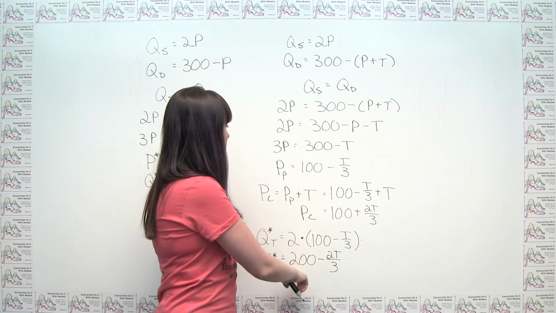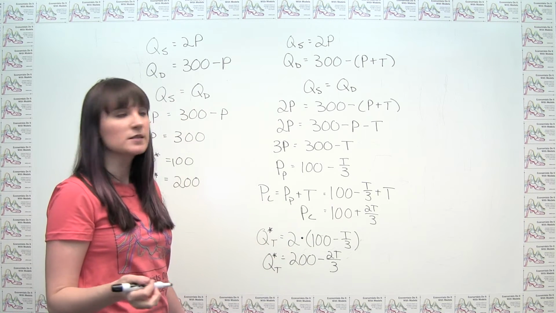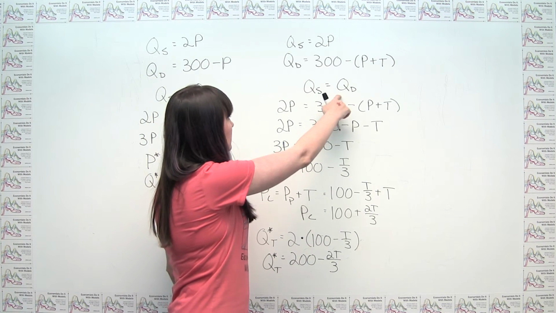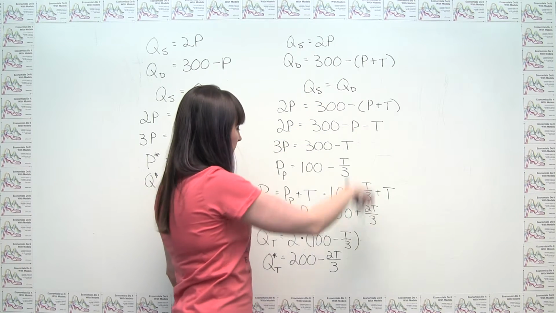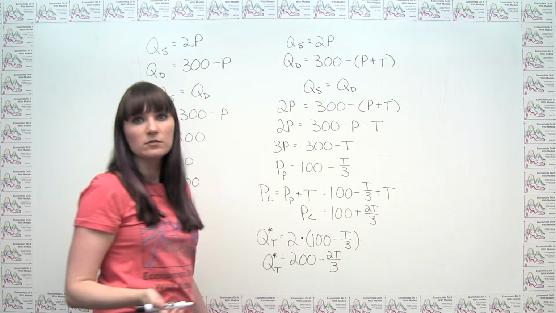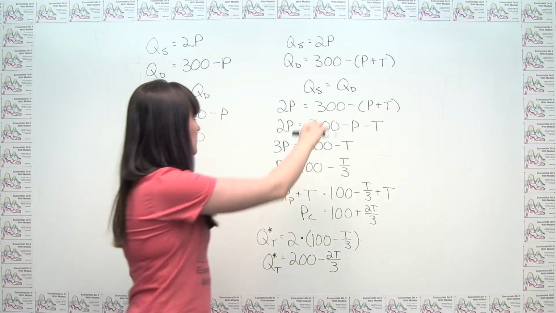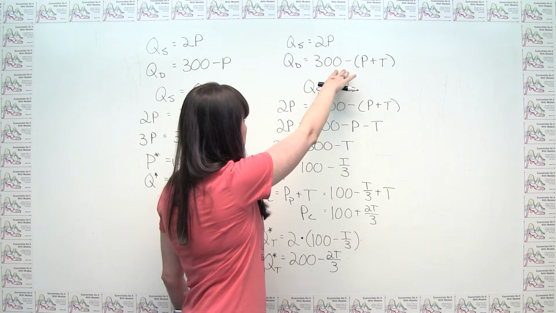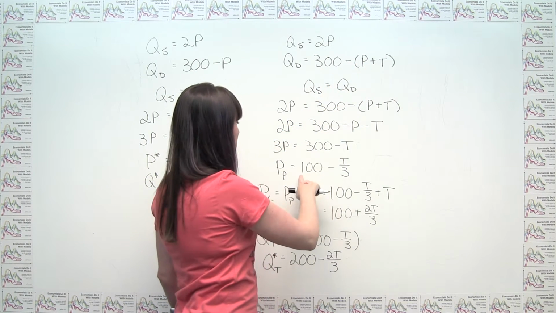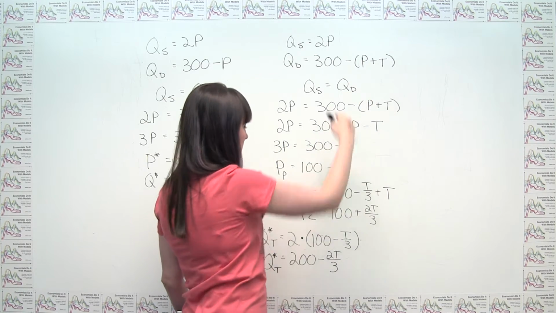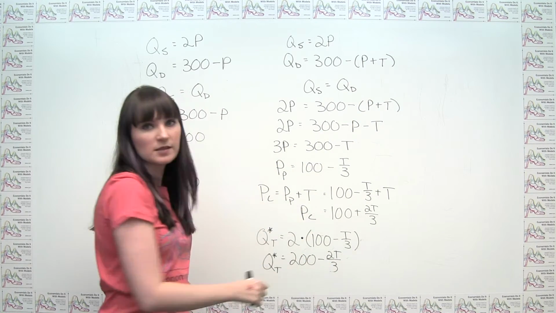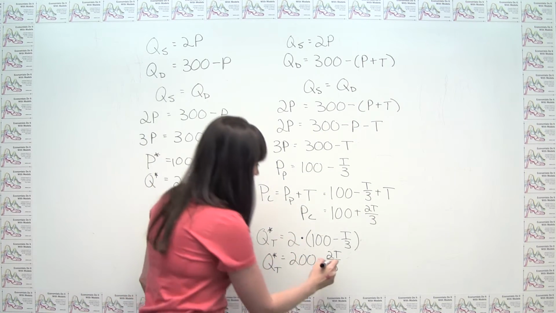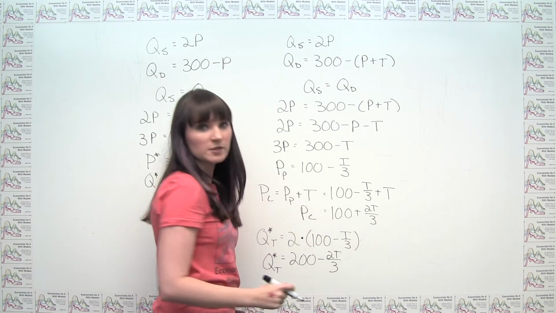We could also see, if we wanted to, we could go through this exercise using the demand equation and confirm that we actually get the same thing, which we would, because we would just get 300 minus all of this plus T, which would again give us this. And if you're ever bored, you can work that arithmetic out for yourself.